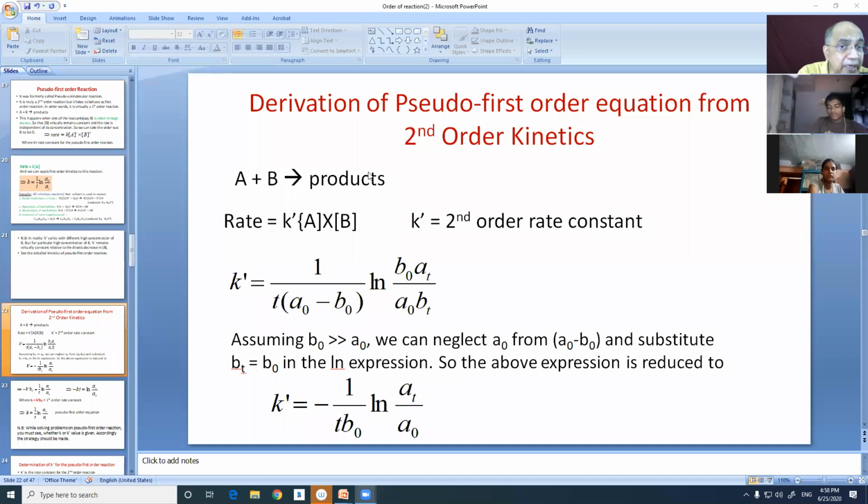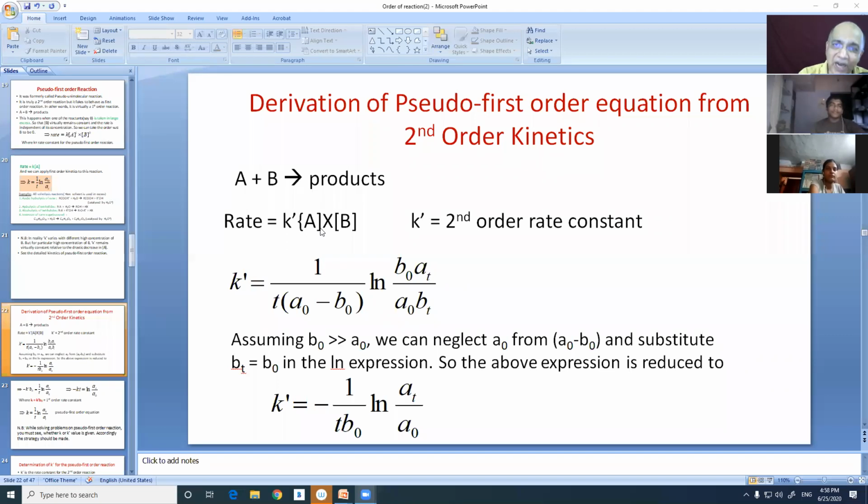And if you really dive deep into how the pseudo first order kinetics can be derived from the second order kinetics, particularly when the two reactants are different and the initial concentrations are different, A0 and B0, that is the task I gave you to do at home, which you have all done, the integration. So I'm talking about that.